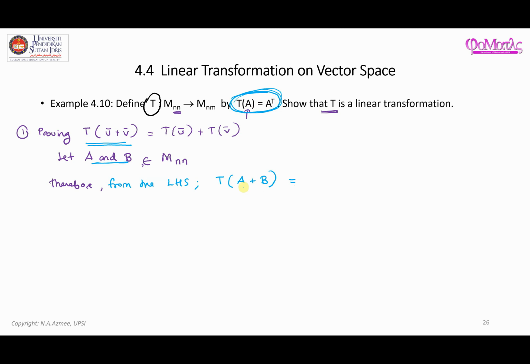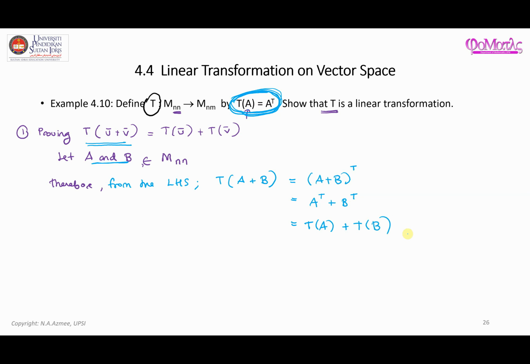So if you have A plus B, the result is going to be A plus B transpose. And based on the property of matrix transpose, we know that we can consider this as A transpose plus B transpose. So what is A transpose? A transpose, according to the rule here, is TA. And what is B transpose? Well, since A transpose is TA, that means B transpose must be TB.